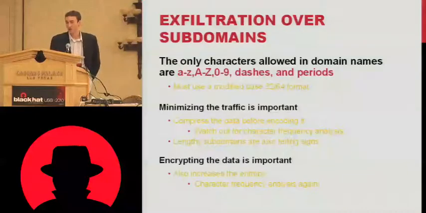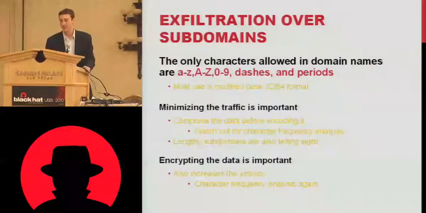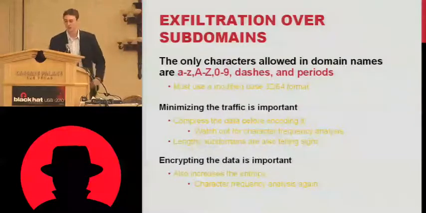Now, exfiltration over subdomains: there are only certain characters allowed in domains. You have A through Z, lowercase and uppercase, 0 through 9, dashes and periods, which basically lends itself ideally to using base 32 or base 64 format. But you have to modify it slightly because there's 1 or 2 characters that don't work in domains. So you just change that character to something that is legitimate, and you use base 32 or base 64.